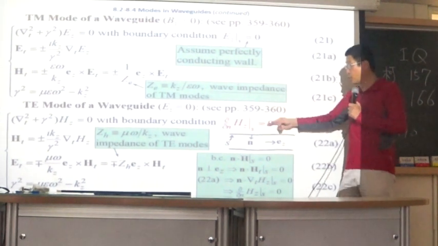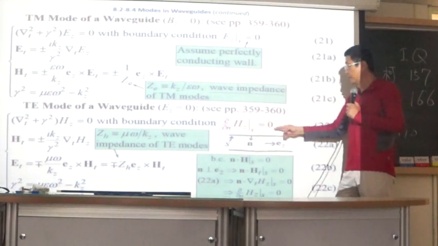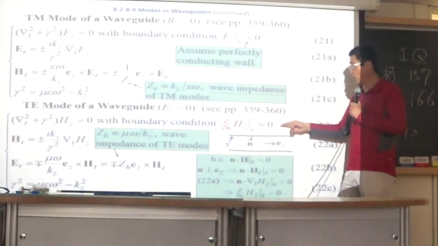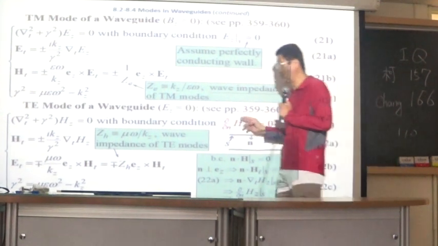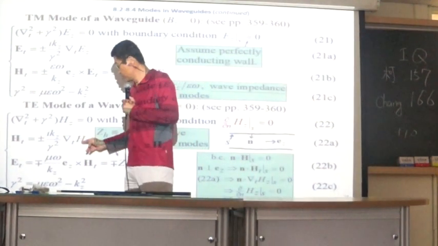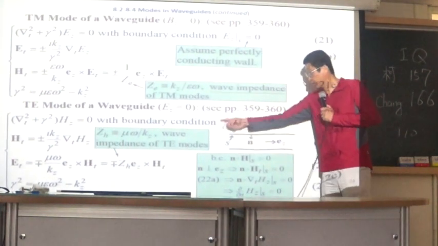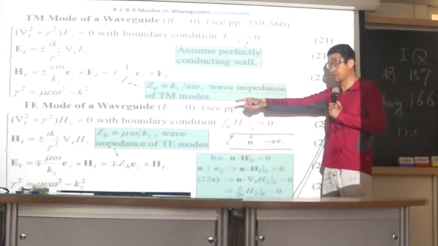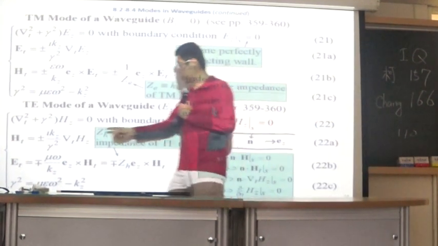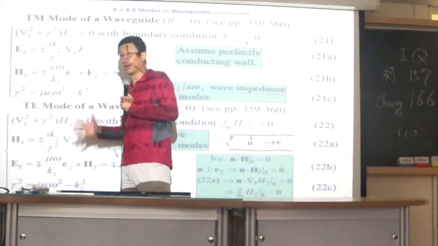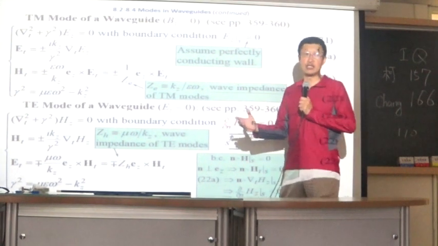And for this one, sometimes, because this one will relate to this one, HZ versus the normal components. So remember, we say normal H should be 0.